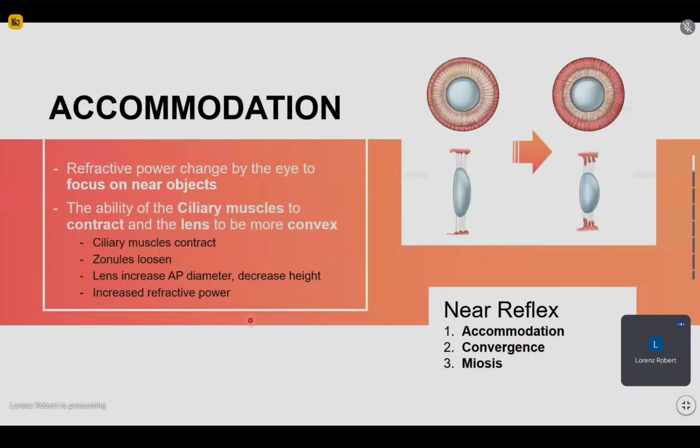Meaning, if you remove all the zonules, the lens wants to be bulgy, because of the shape of the lens. It's the zonules that keep it taut, that keep it less spherical. So when the ciliary muscles contract, the zonules become relaxed, so the lens becomes rounder, thereby increasing the refractive power of the eye.